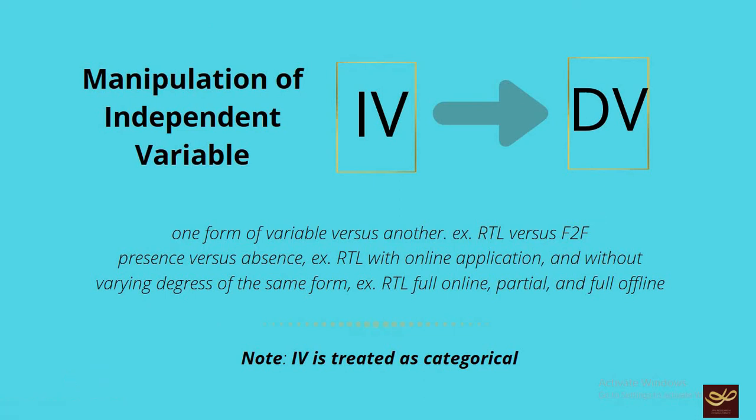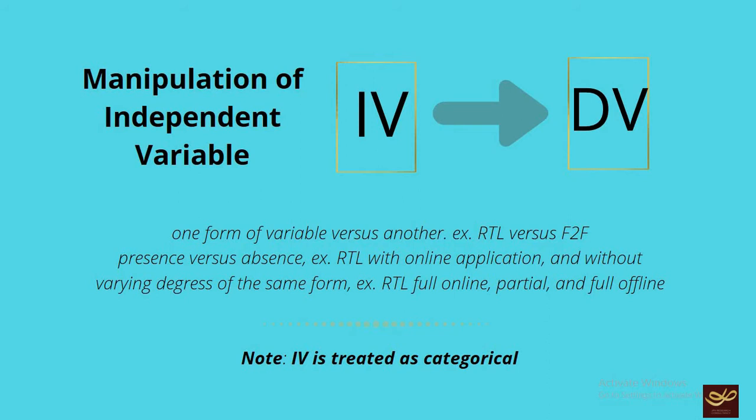What about the manipulation of independent variable? There are three forms of how an independent variable can be manipulated. What are these? One form of variable versus another. Second, presence versus absence. And lastly, varying degrees of the same form.